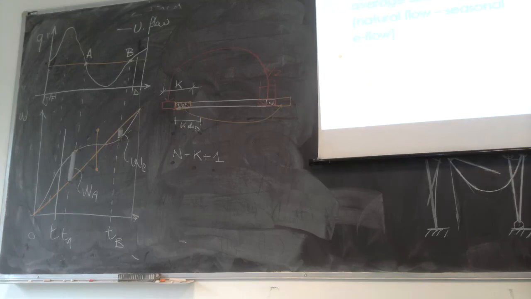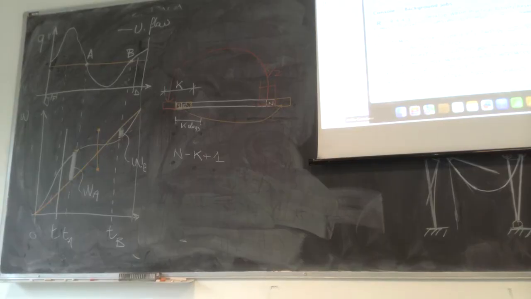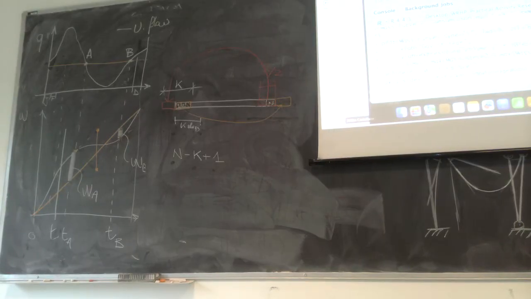The mean value is the maximum constant discharge we can have throughout the year to send to the turbines. So this will be already in cubic meters per second. Let's see what this is, maximum turbine flow.